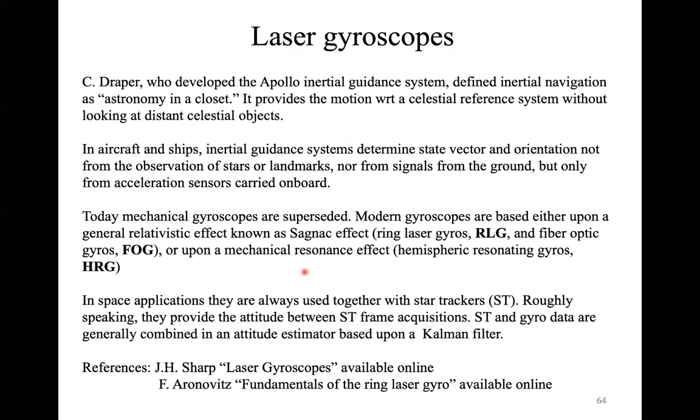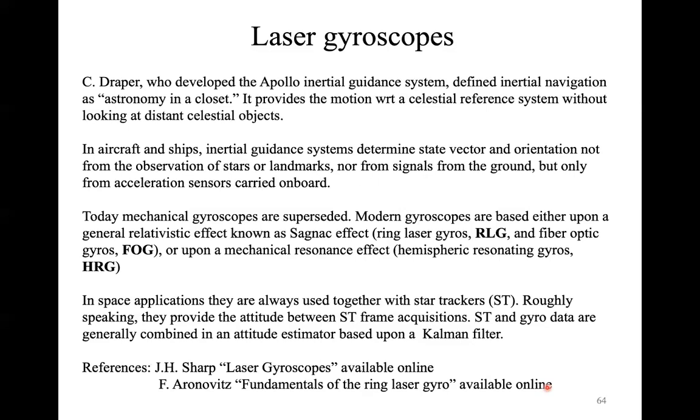As highlighted in this slide, you always have to take into account that gyroscopes will always be used jointly with star trackers. As I said, gyroscopes give you the attitude when you don't have the attitude determination from other, more precise sensors.